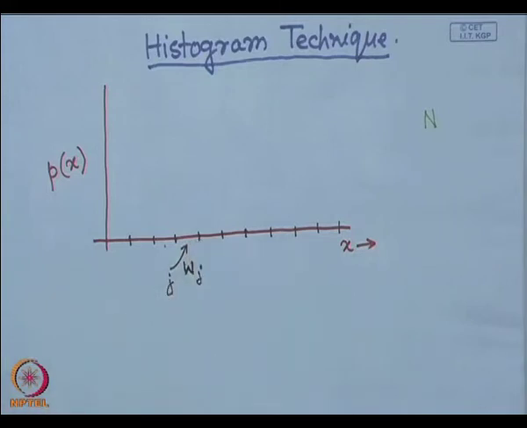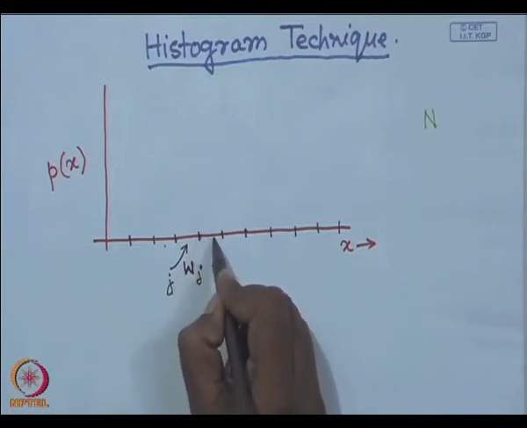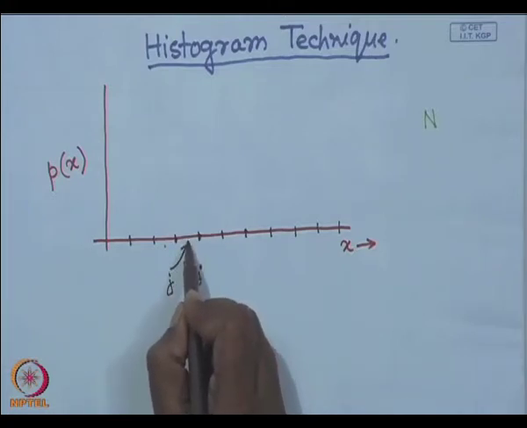To avoid such ambiguity, conventionally, whenever I have a sample falling on the boundary, the sample is considered to belong to the interval which is to the right of it. So, if I have a sample falling over here, I will consider that the sample belongs to the j plus first interval. If I have a sample falling over here, I will consider that sample to belong to the jth interval.